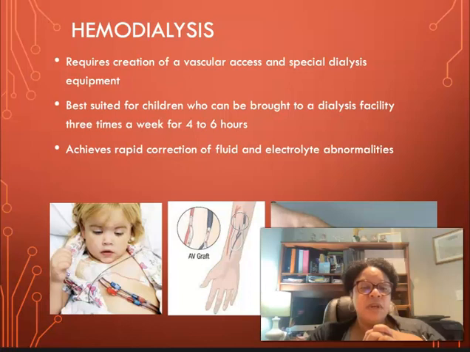So every child, we'll figure out which one's going to be best suited for them. Just know that if a child is in danger, and we need a rapid correction of fluid and electrolytes, then we're going to do the heme. But if it's something that we can do slowly, peritoneal dialysis might work. But usually when they come to us, they're in an urgent situation and we have to do heme dialysis.